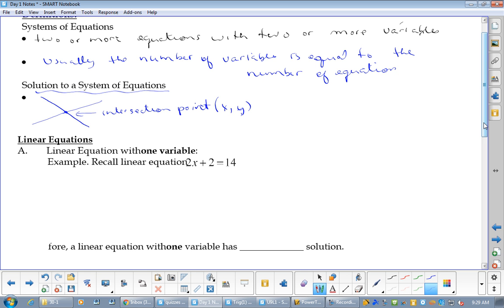Now, you'll also see it is the point that satisfies both equations. It's a common point they share. Now a common point they share will be an intersection of them because look, they both share that point.